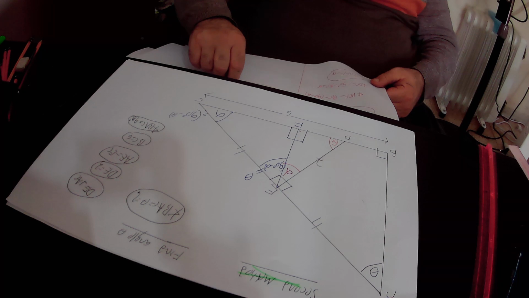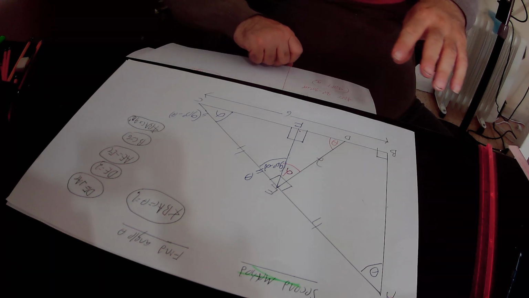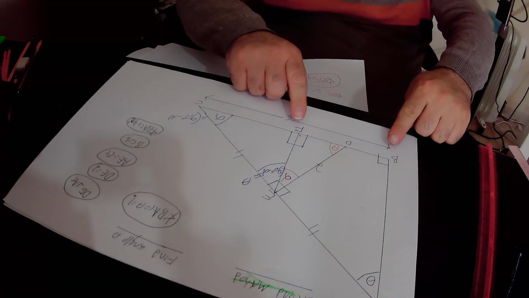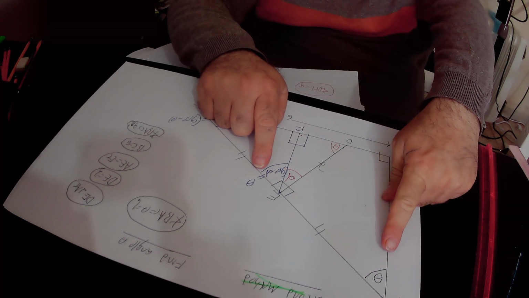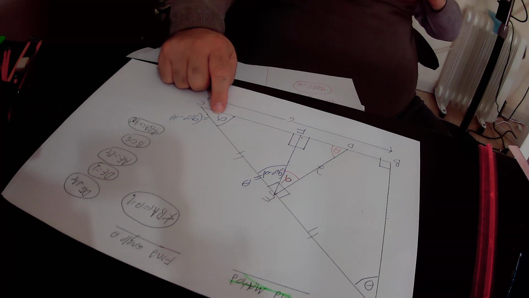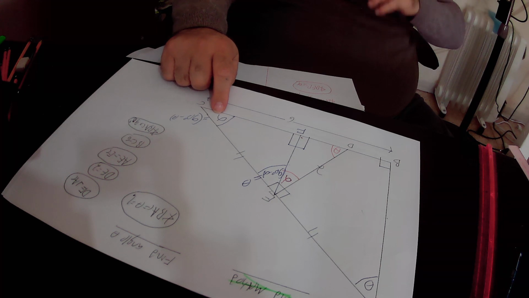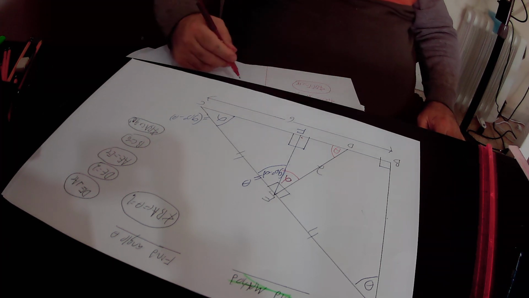So we actually proved that all the angles of triangle ABC relate to all the angles of triangle FEC. Those two angles are both equal to 90 degrees, those two angles are both equal to theta, and this angle is a common angle that belongs to both triangles.